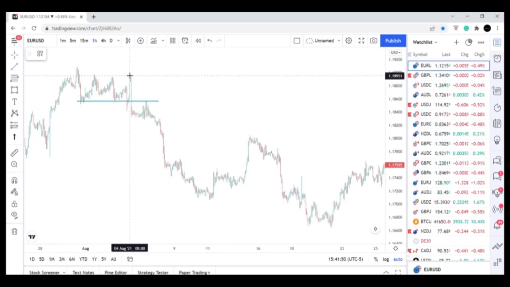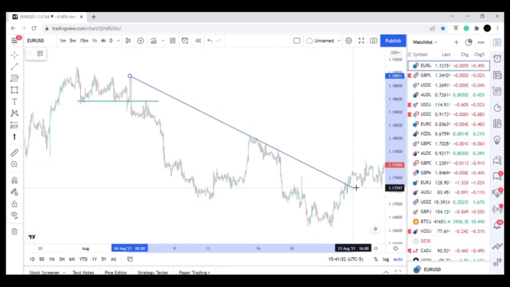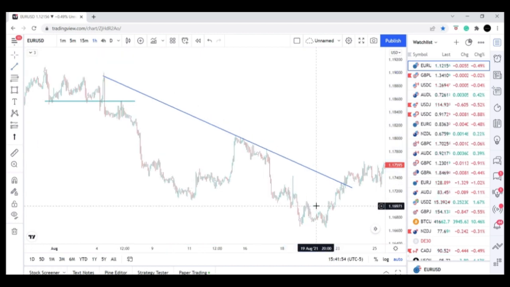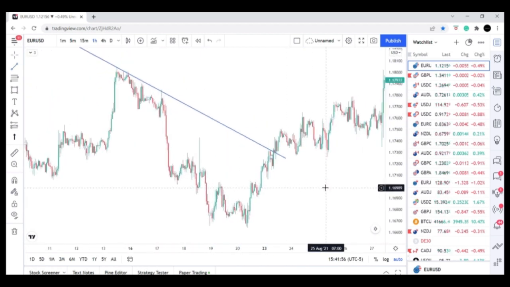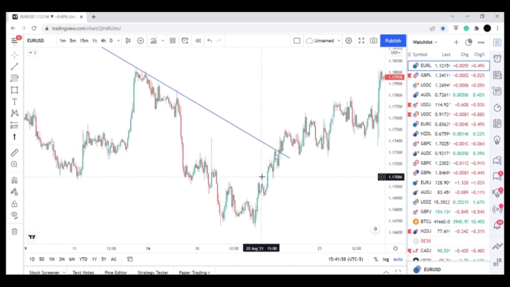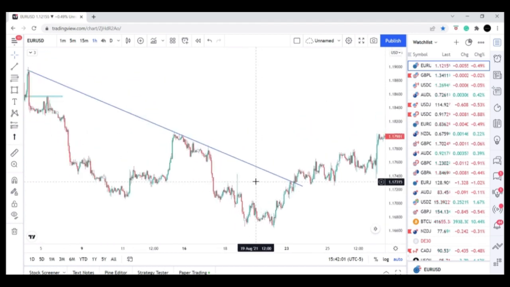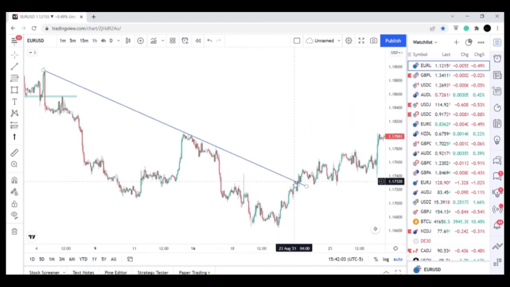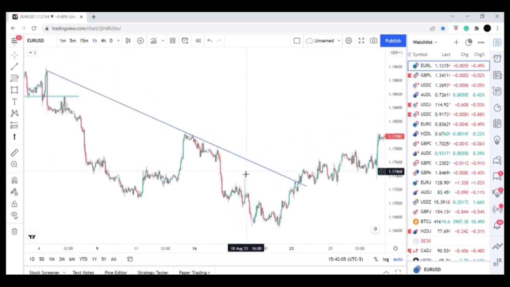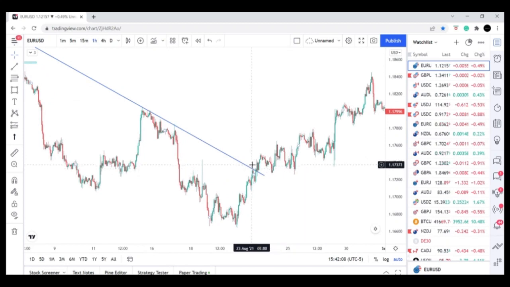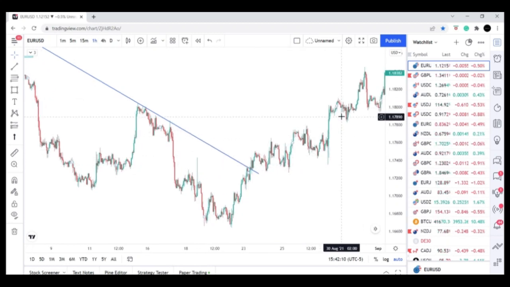I still want to draw my trend line, and we're going to talk about that later on. But if you draw the trend line and it breaks this high right here, to me that high is still not very important, because we can actually find some type of resistance right here. Once it breaks this high right here and it breaks the trend line too, that's when I say, okay, there's a strong possibility we can reverse.